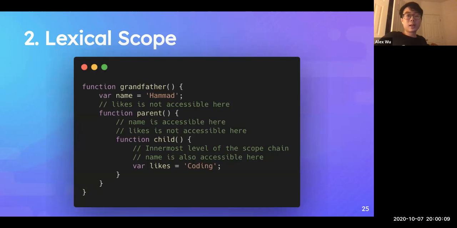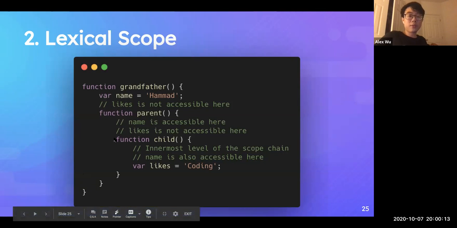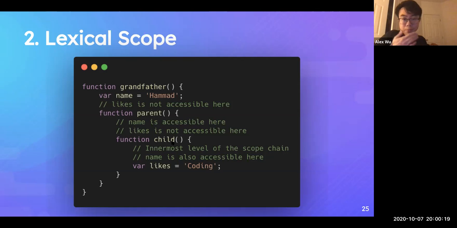Yeah, let's look at an example of the lexical scope. So essentially here, there's a grandfather function. There's a parent function. And within the parent function, there's also a child function. Here in the grandfather function, there's a name defined. And in the parent function, if you are trying to access the name defined in the grandfather function, you can access it.